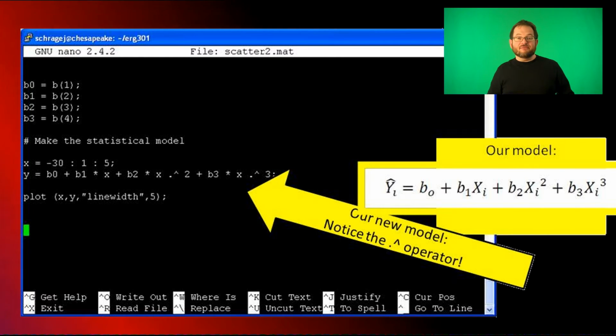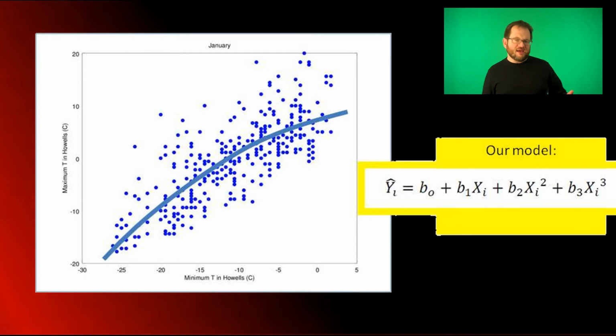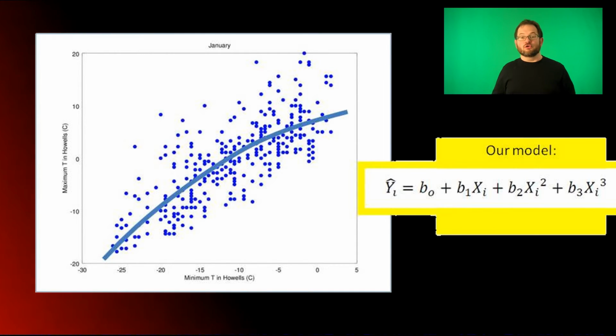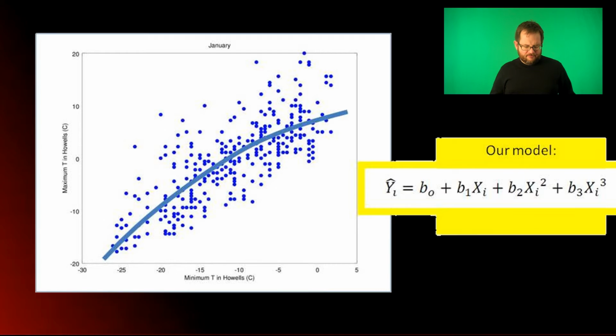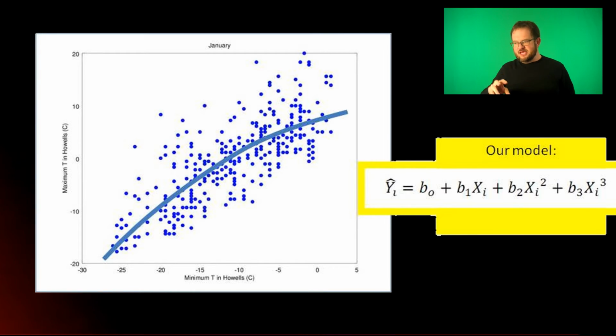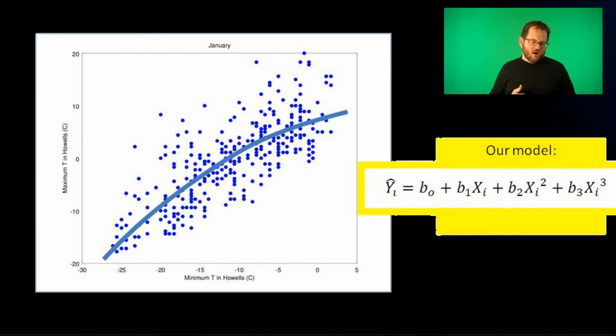And then again, we're just going to plot that same set of curves, x and y, and you get something that looks like this. Now, it might be a little hard to tell on the screen, but that model that we created is a curve. It's not quite straight. Honestly, the b2 term on the x squared and the b3 term on the x cubed are both kind of small.